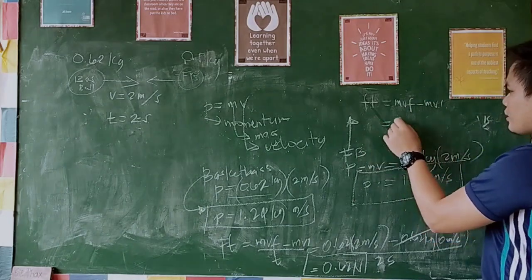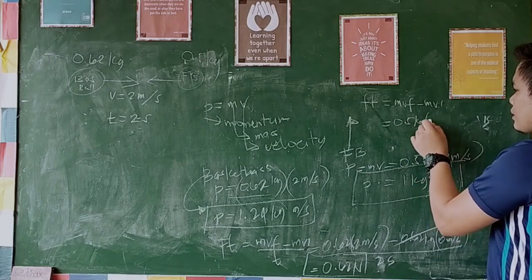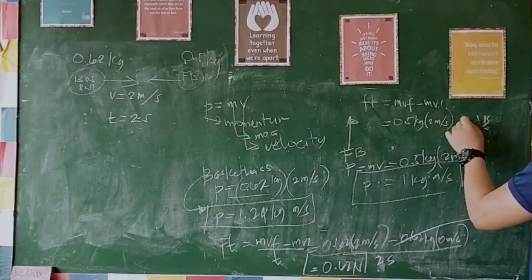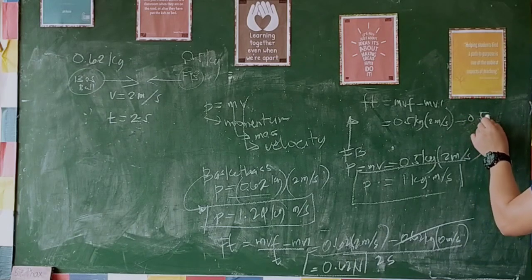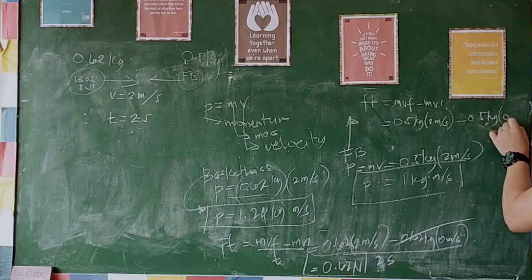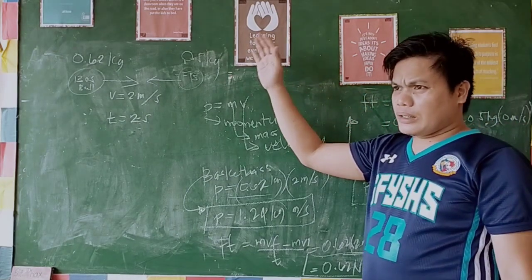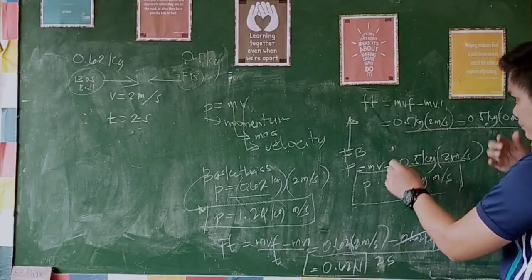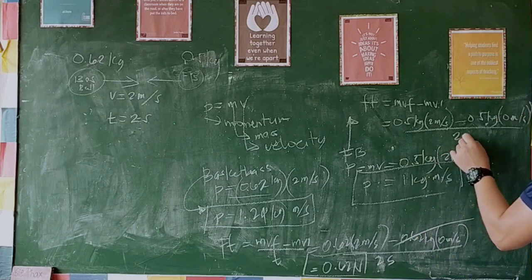Your mass is 0.5 kilograms times 2 meters per second, minus 0.5 kilograms times 0 meters per second. We assume again that the football started from rest, divided by our time, 2 seconds.